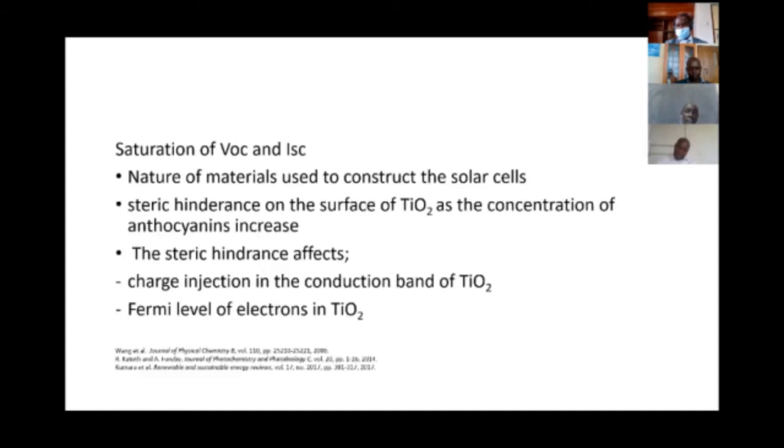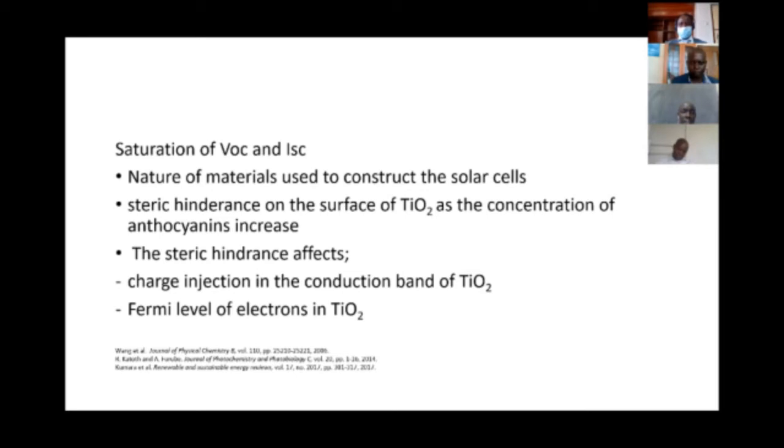Now, on the convergence of VOC and ISC, I attributed this to the nature of materials which were used to construct the solar cells, possibly as concentration of anthocyanins increases, we tend towards the maximum possible VOC and short circuit current. Then there is also steric hindrance on the surface of TiO2 as concentration of anthocyanins increases.